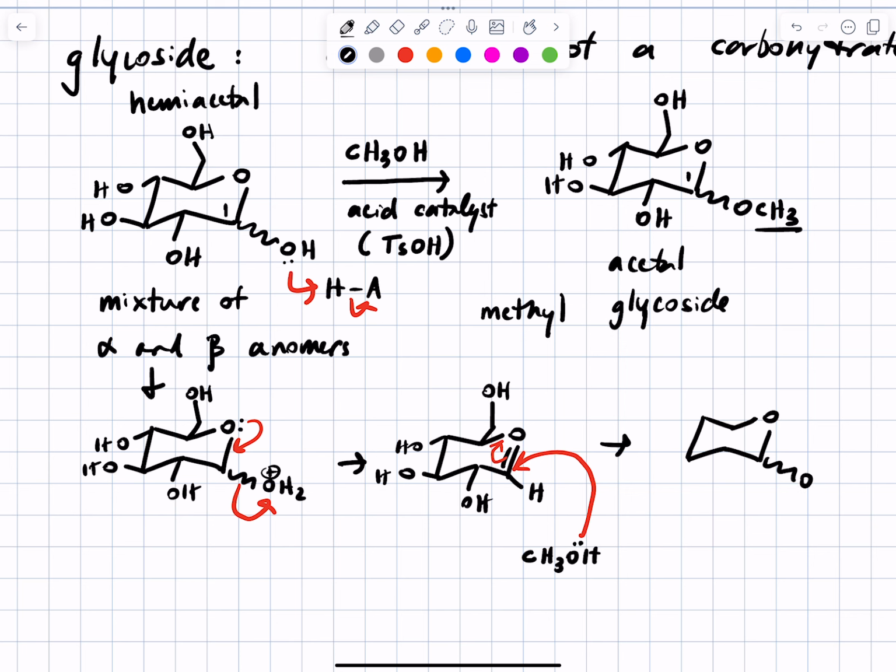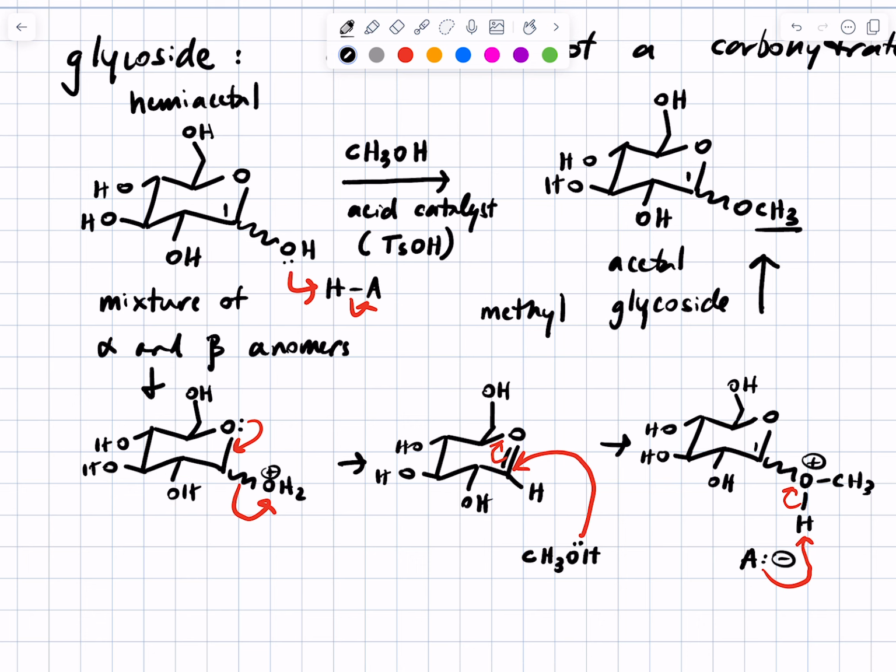I will continue to use a squiggly line to indicate that we have a mixture of alpha and beta configuration at C1. And then in the final step, we'll use the conjugate base of our acid or perhaps another molecule of methanol to remove the proton, and that will get us to the glycoside product. Okay, so that's forming an acetal.